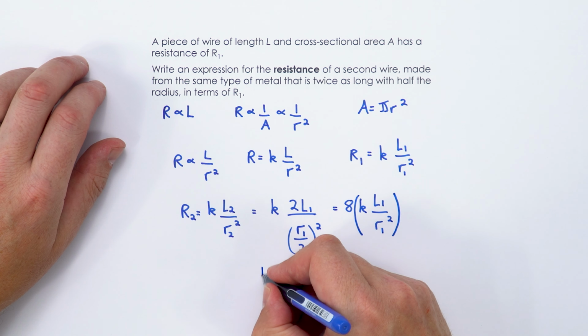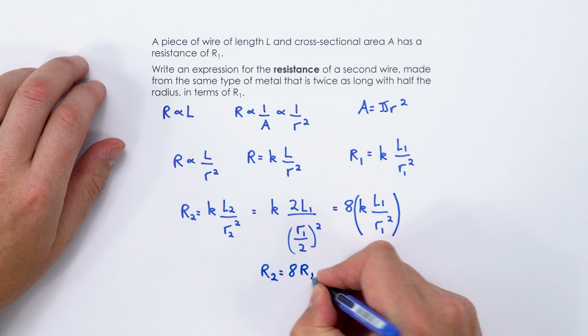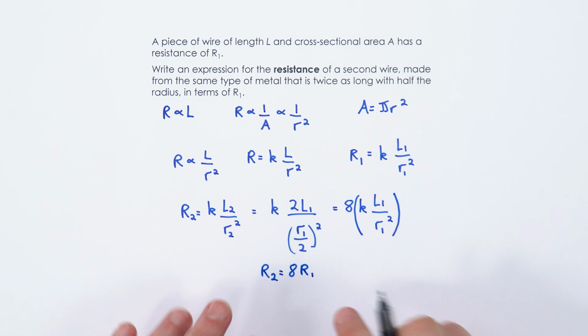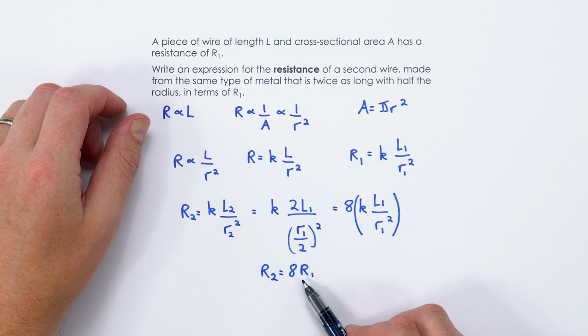So that means we could say that R2 is equal to 8 times R1. And so in this question, effectively what we've looked at is how if you double the length of something and you halve the radius, it actually means that the original resistance goes up by a factor of 8.